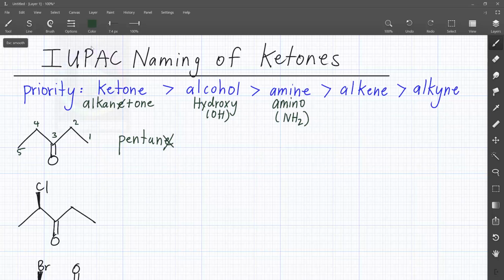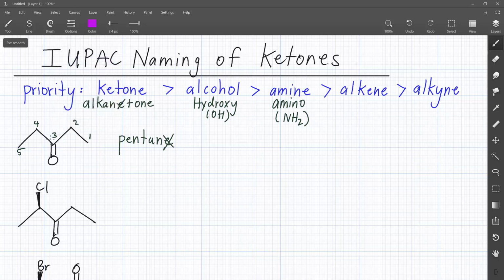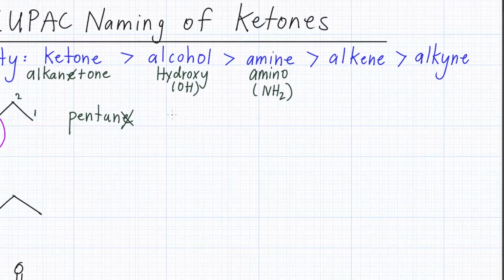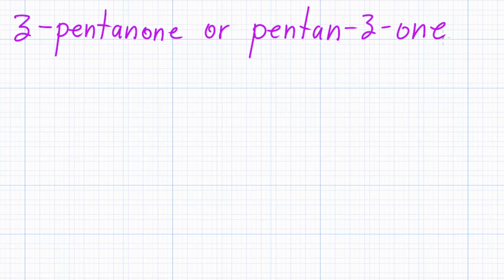And we look at where the C double bond O group is. It's on carbon 3. So we call it 3-pentanone, or pentan-3-one.